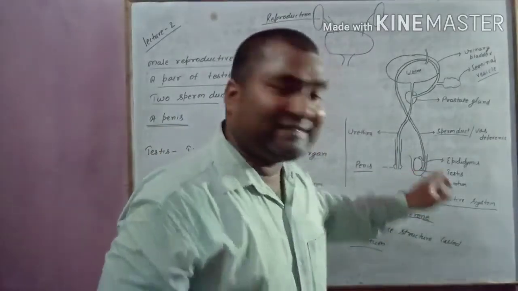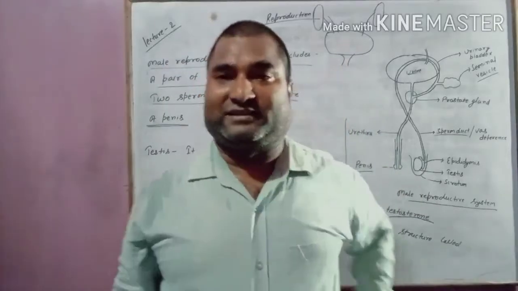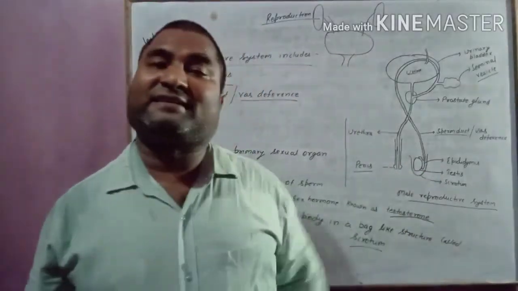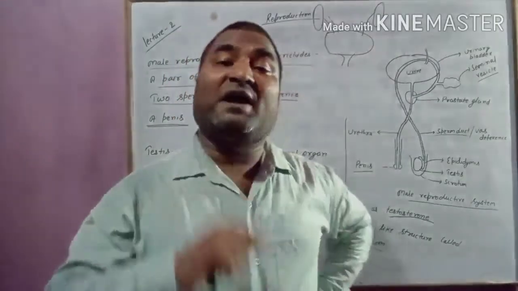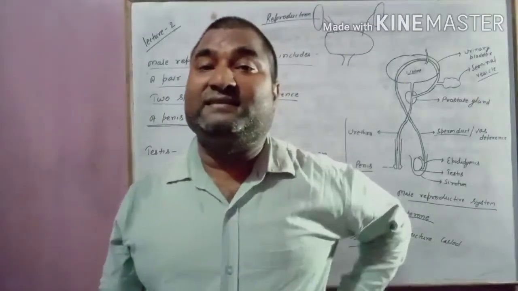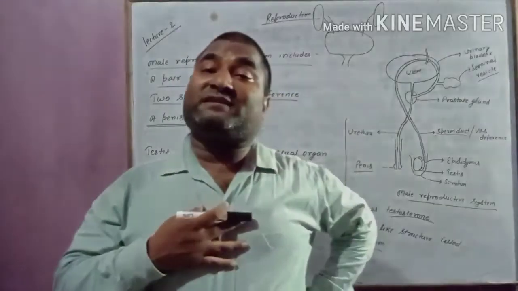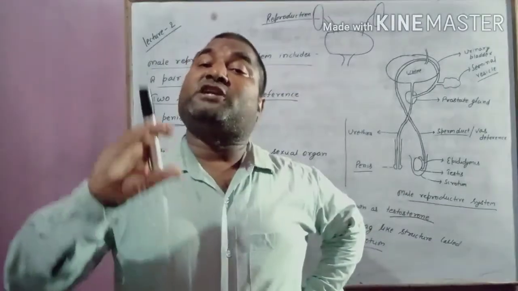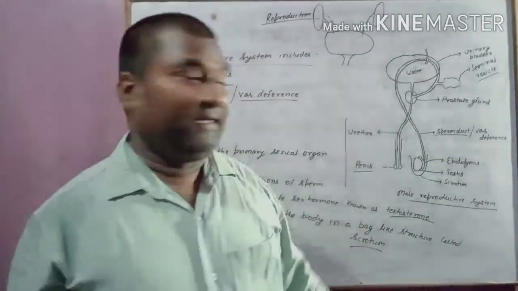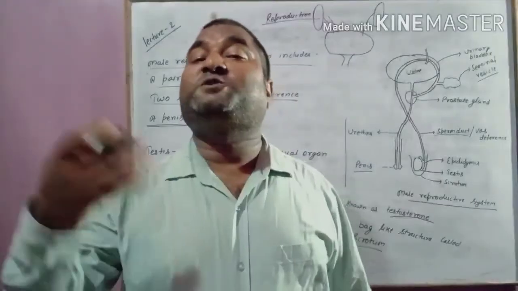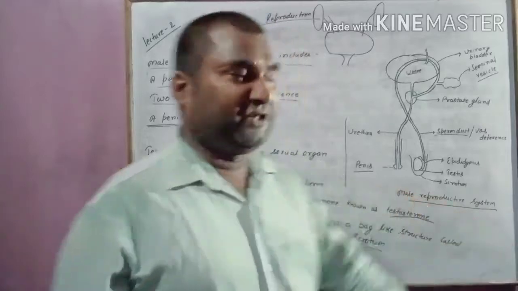The testis is kept in a bag-like structure because the function of the testis is to produce sperm, and the temperature required for the production of sperm is slightly lower than the body temperature. The temperature of the testis should be slightly lower than body temperature, only then can it properly produce sperm. So the testis has to be kept out of the body in the scrotum to maintain proper temperature.